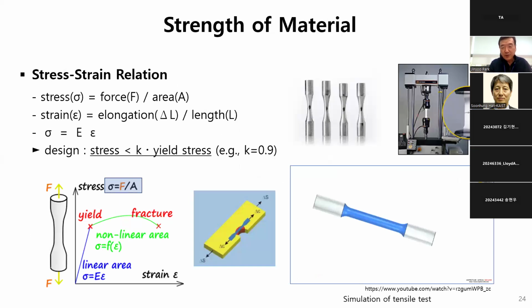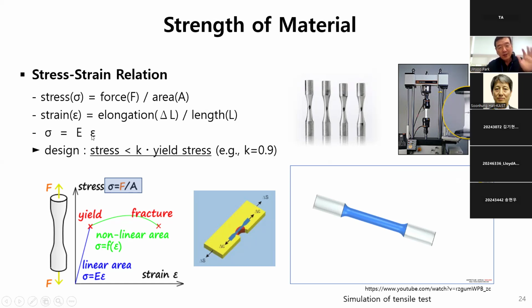Strength of material. In order to evaluate structural strength, we need some basic knowledge of material strength. We need to understand how stress and strain react to each other. So stress and strain are related by this equation.